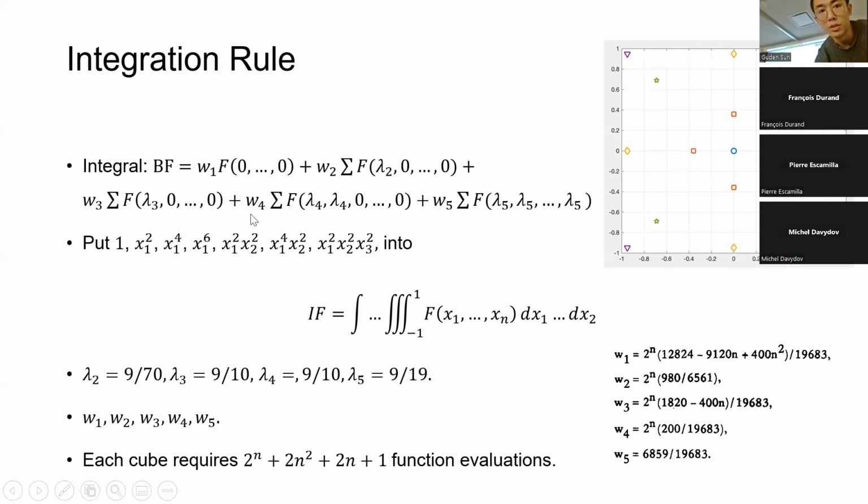For example, the first kernel is this blue point in the middle, and then this lambda 2 is these small rectangles, and this lambda 3 is this orange one, and lambda 4 these stars, and lambda 5 is purple triangles.